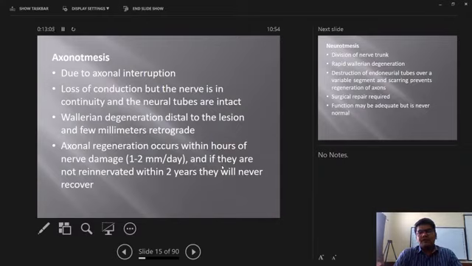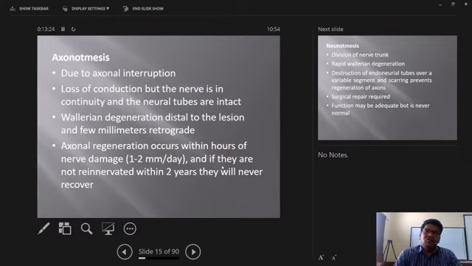So what happens is, after there is degeneration, these endoneural tubes are still intact. Endoneural tube is intact, but the axon is disintegrated. So from the proximal end, the Schwann cells proliferate.